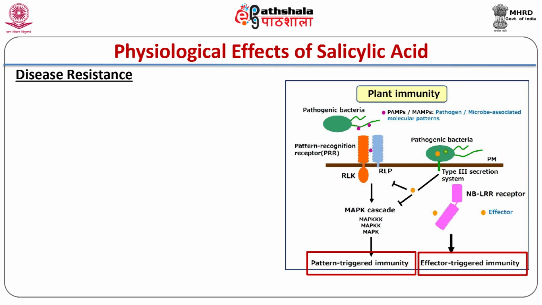heat. Disease resistance. After the perception of an invading pathogen attack, the plant mounts effector triggered immunity, that is ETI, by establishing a direct or indirect interaction between the product of a host resistance gene and the corresponding pathogen encoded effector protein.